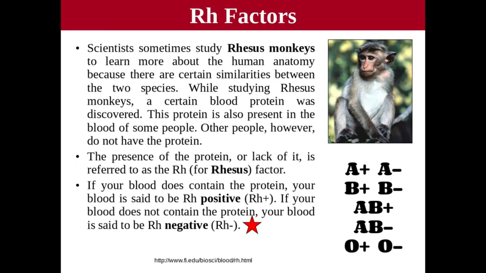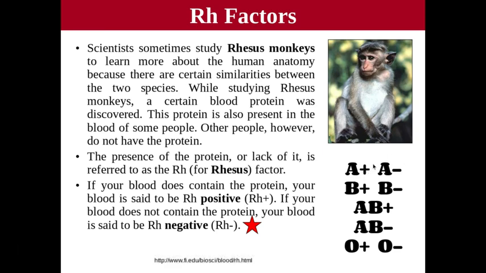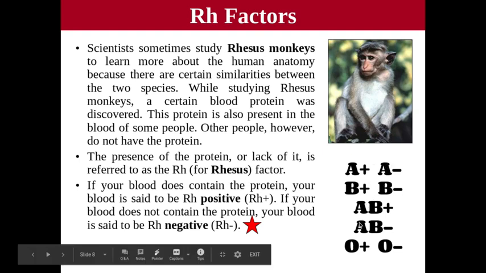And we found similar proteins on the blood of humans. The blood protein either gave it a positive or a negative trait. And that was important to find out because that helped with compatibility. So we have both a positive and negative Rh factor for each blood type. That helps with transfusions and things.